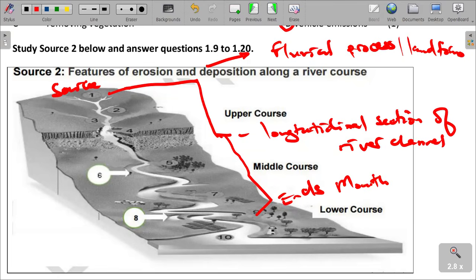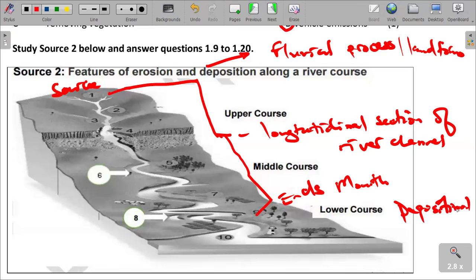The middle course is dominated by an increase in river discharge, turbulent flow, and many other fluvial landforms, ending with the lower course, where we have depositional features.